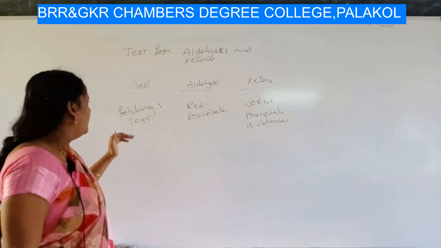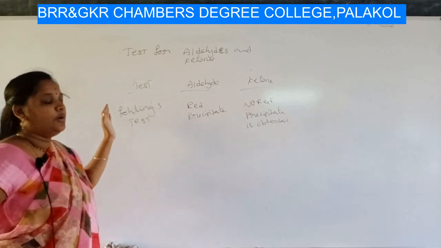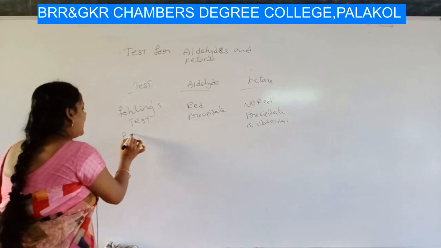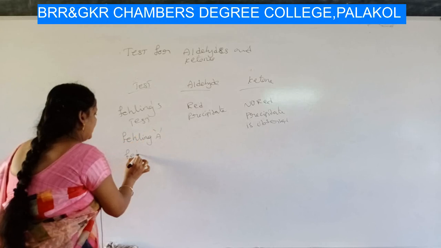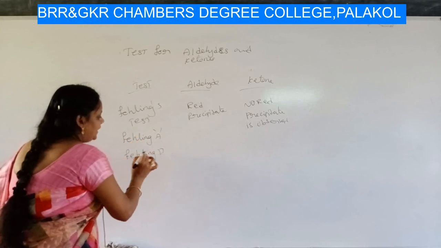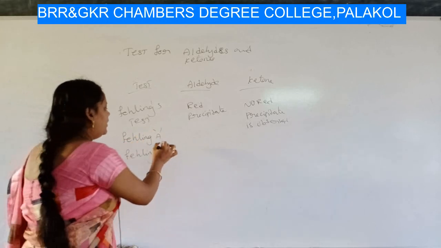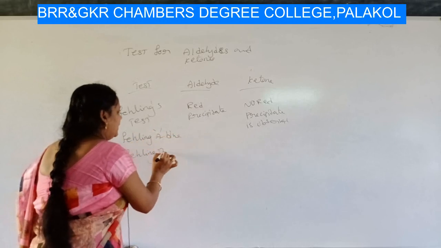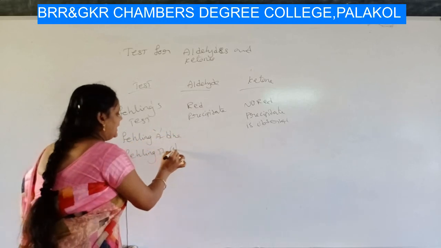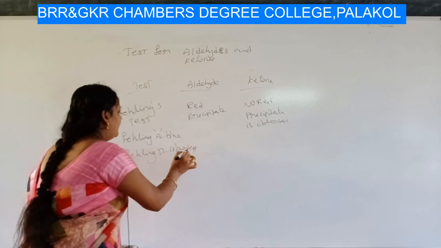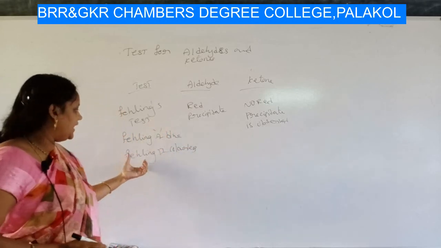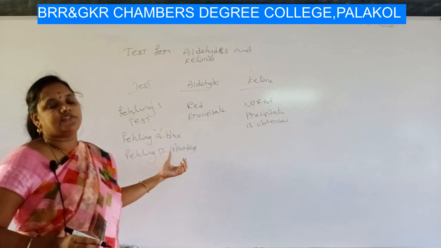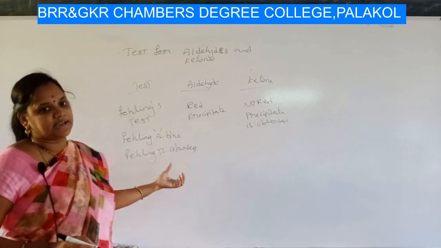Okay. Fehling's test means we will have to add two reagents in the lab, Fehling A and Fehling B. Fehling A will be blue in color, whereas Fehling B will be a colorless solution. Fehling A is nothing but copper sulfate solution, whereas Fehling B is a colorless solution of sodium potassium tartrate salts.